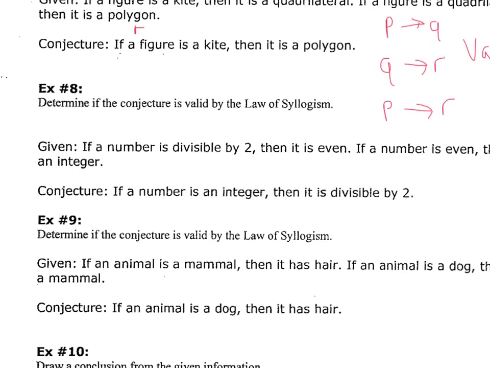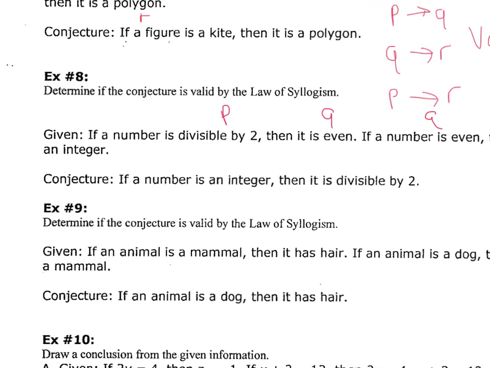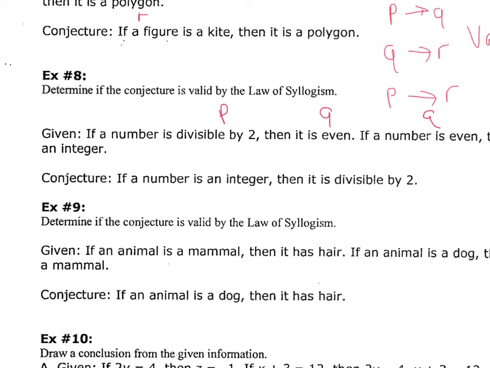If a number is divisible by 2, then it is even, so that would be our P. Then it is even, that would give you your Q. And if a number is even, again giving you your Q, then it is an integer. That would be your R.